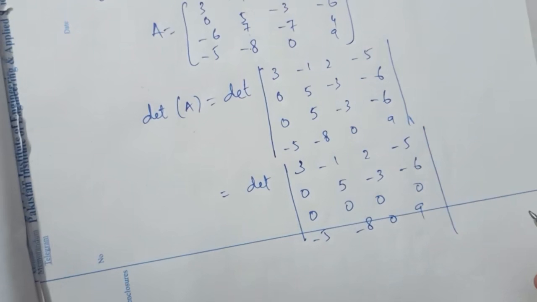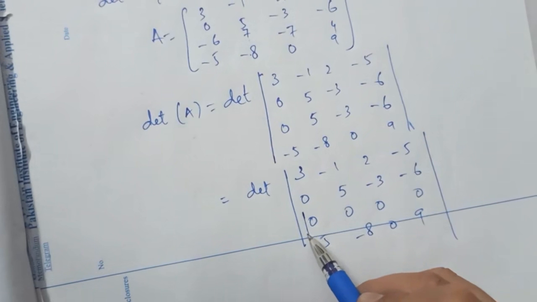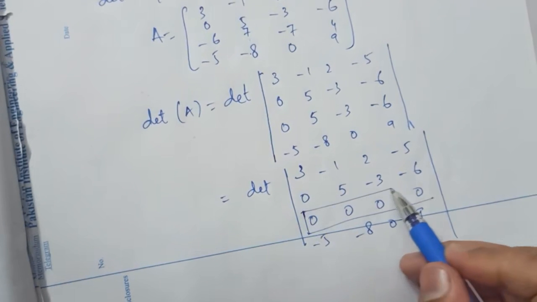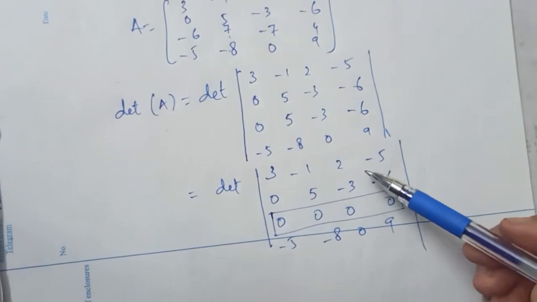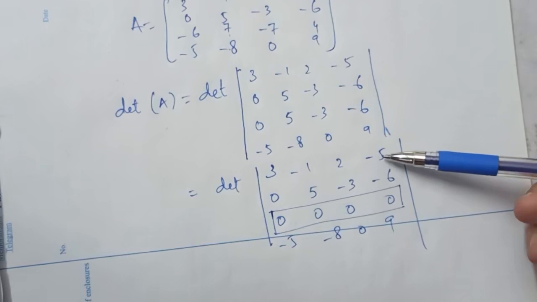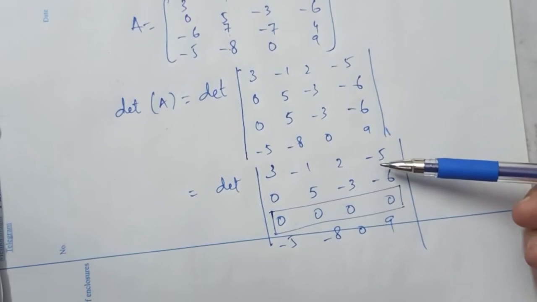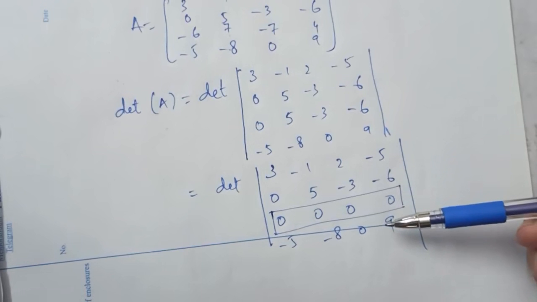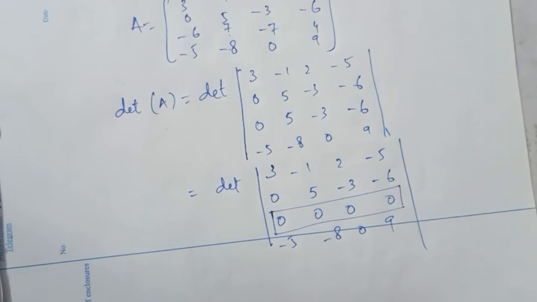Now the thing here is, since you can see this is all 0, what we are saying is this vector can be written as a linear combination of this row vector and this row vector.